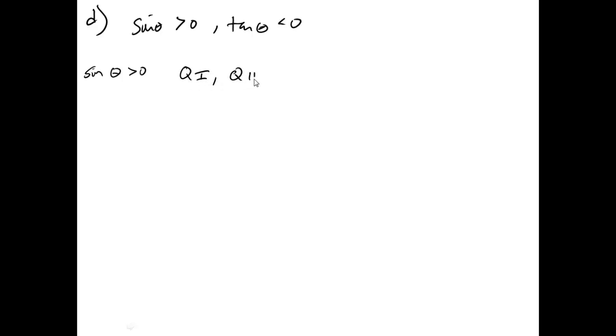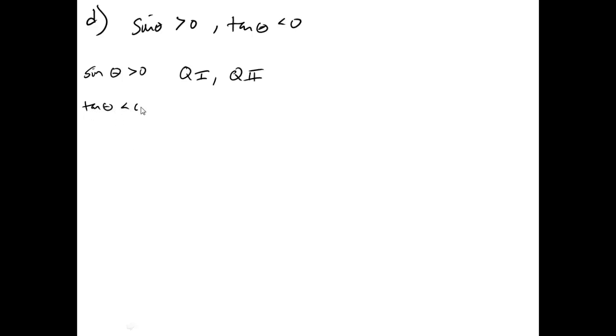Alright, and taking a look at another one. Let's talk about the sine of theta is greater than 0 and the tangent of theta is less than 0. The sine theta greater than 0 tells me I'm in quadrant either 1 where they're all positive or quadrant 2.